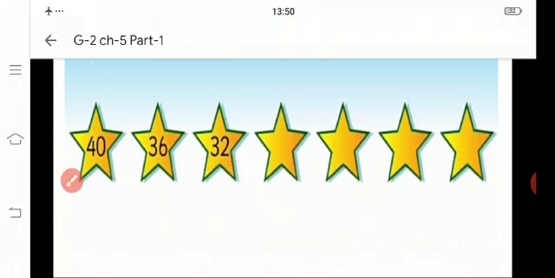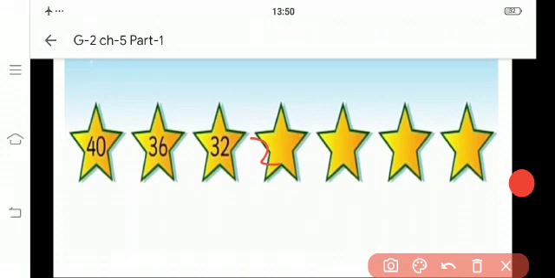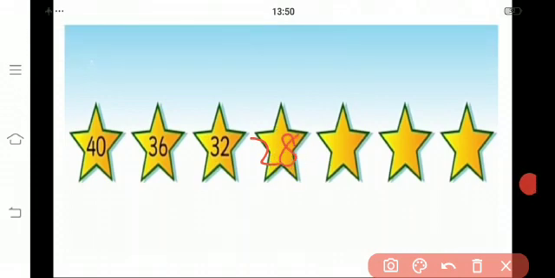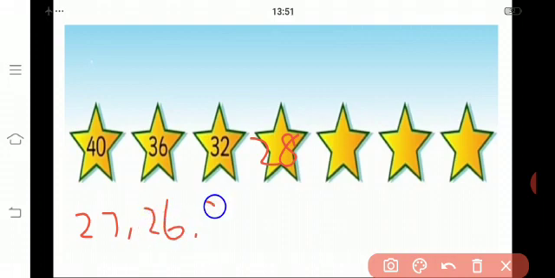Here the number is 28. 28 before, 27, 26, 25, 24.